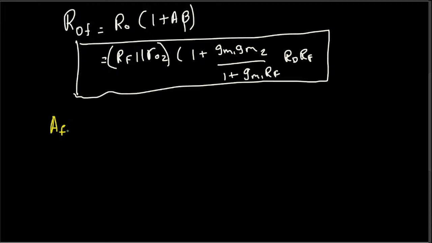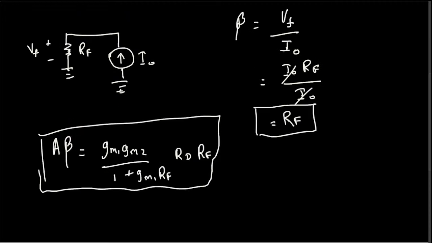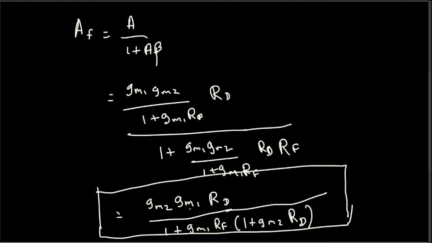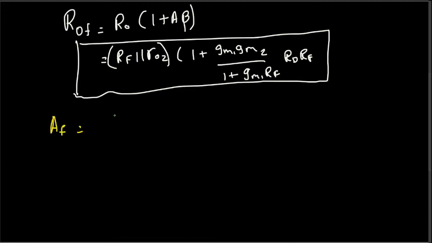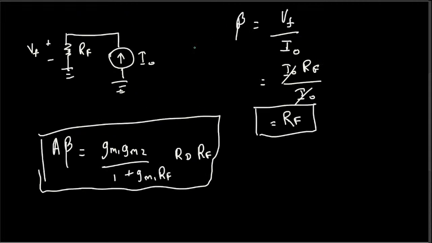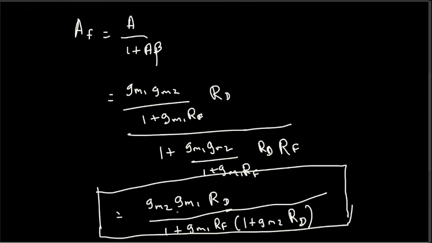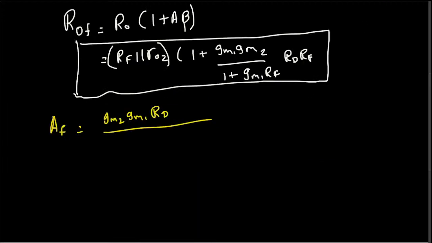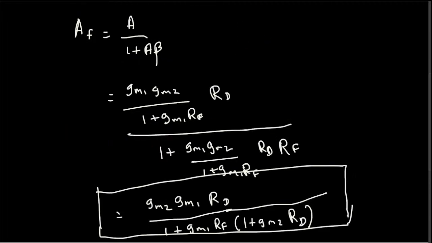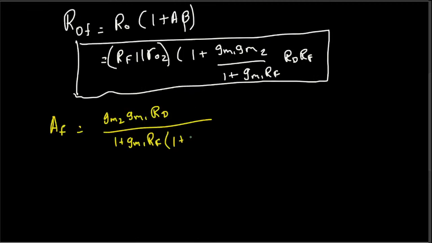AF is equal to gm2 gm1 times rd divided by 1 plus gm1 rf, multiplied by 1 plus gm2 times rd.